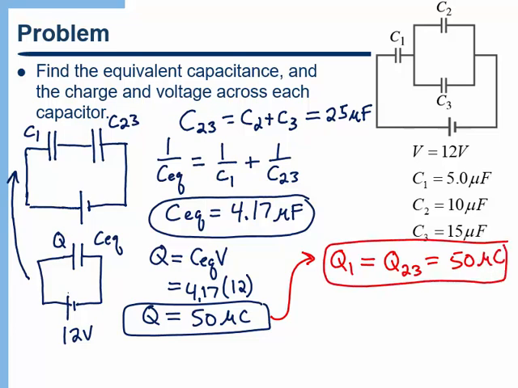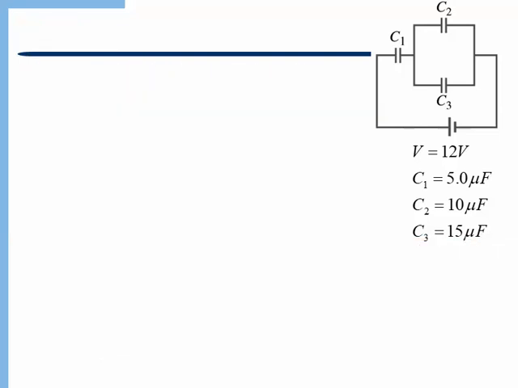Now, once we know the charge on C1, we can find the voltage on C1. So we know that the voltage is just going to be equal to the charge over the capacitance. And again, we're just always rearranging C is equal to Q over V, right?